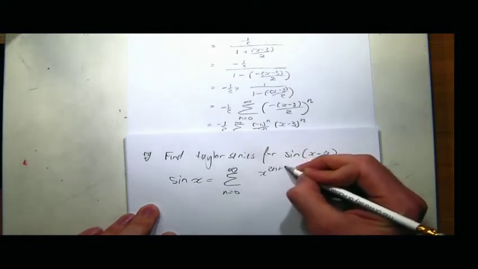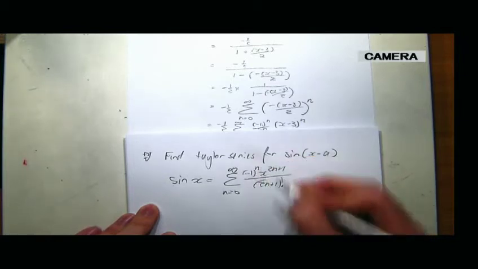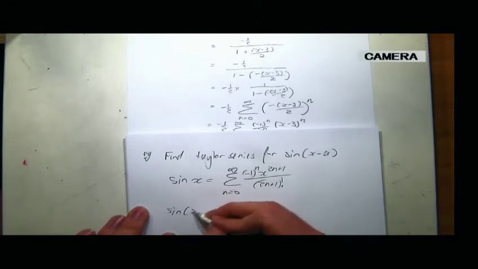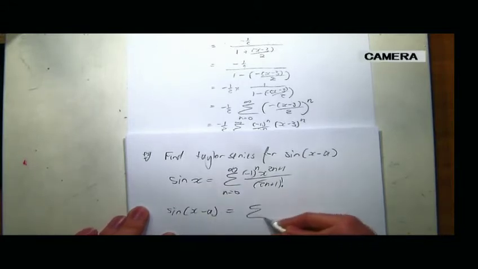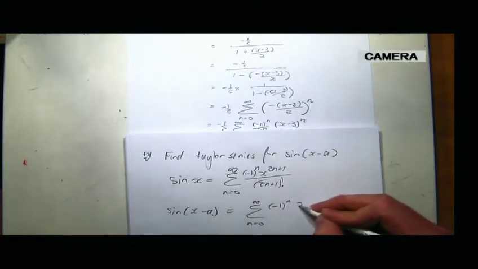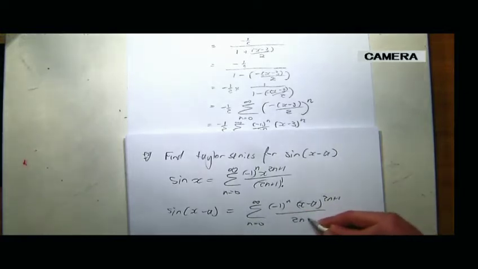It's the odd ones, right? But I don't want x, I want x minus a. Cool, I'll just sub in x minus a. And that's it. It's great.